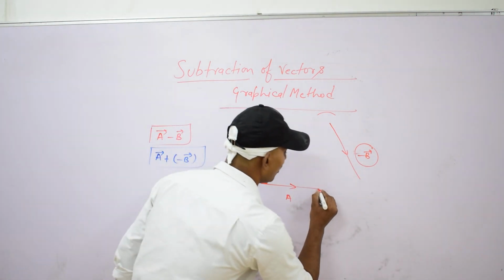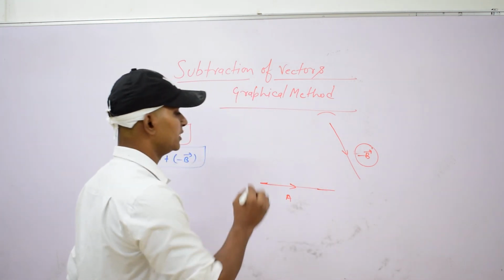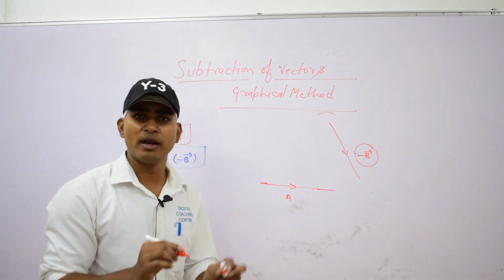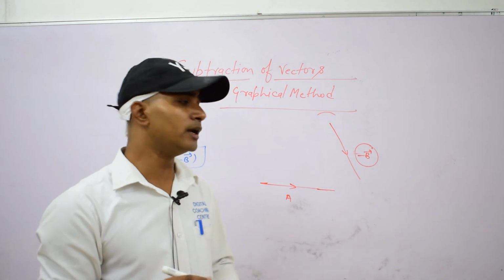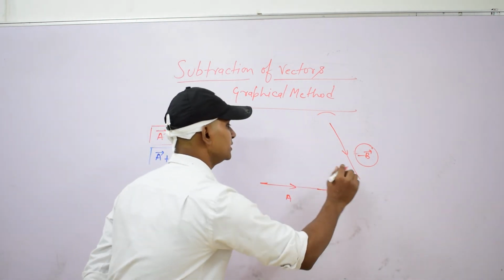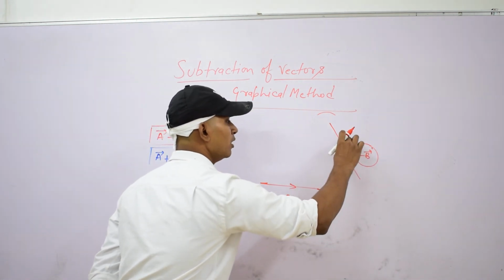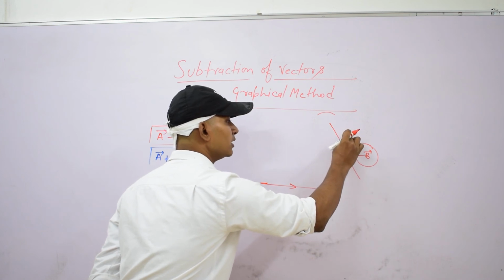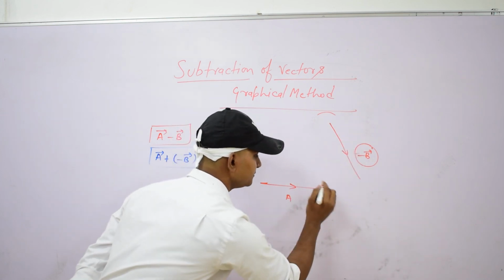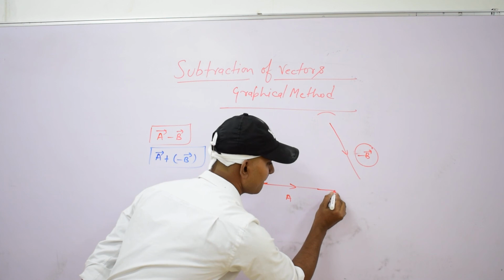From the normal law we know that at the point of contact, one head and another tail should be added. So just see here, let's suppose I am taking this particular vector here and I am joining it like this.